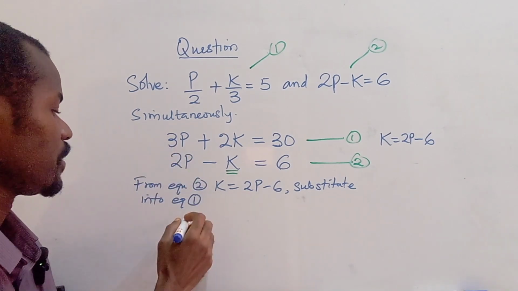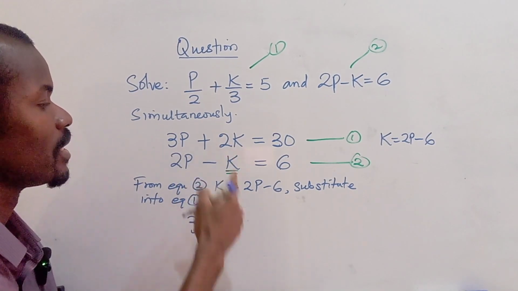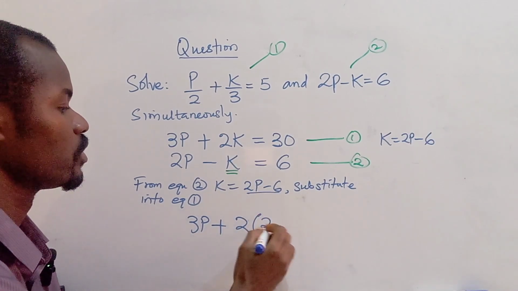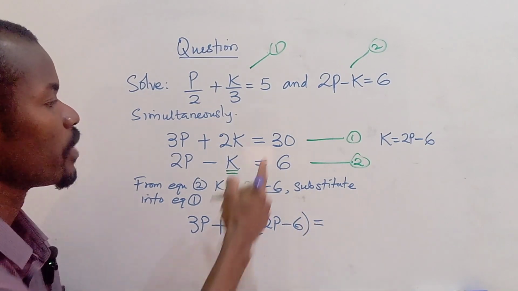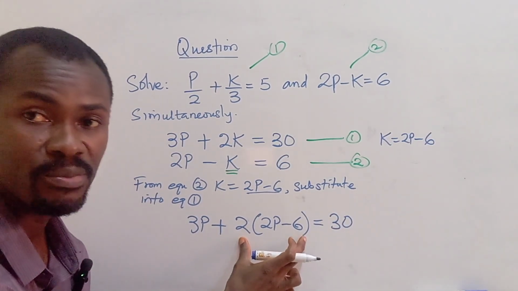So we have 3P plus, now instead of 2K, we are going to write 2 multiplied by our K here, which is 2P minus 6, equals 30. So we are going to open the brackets.